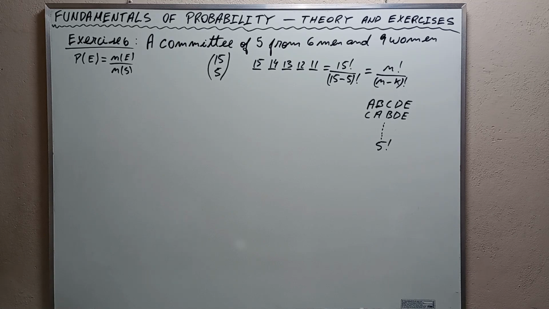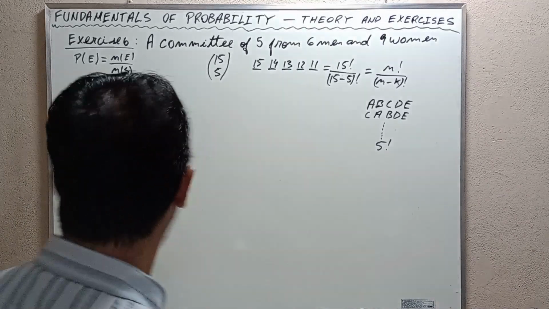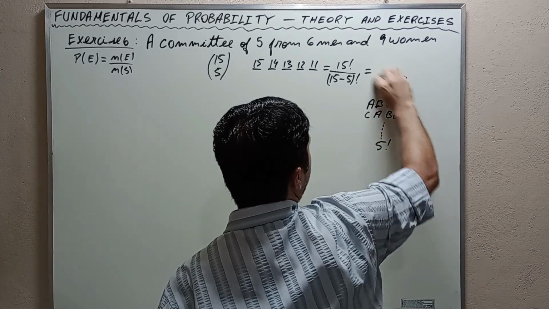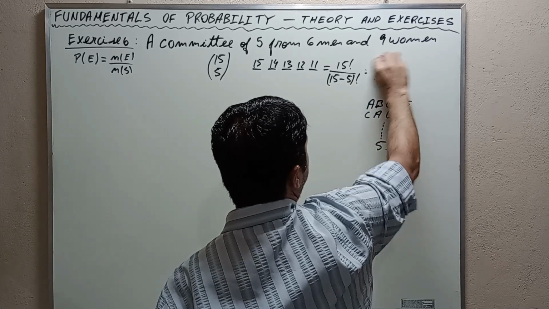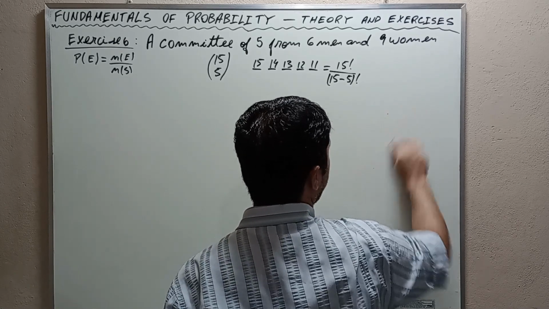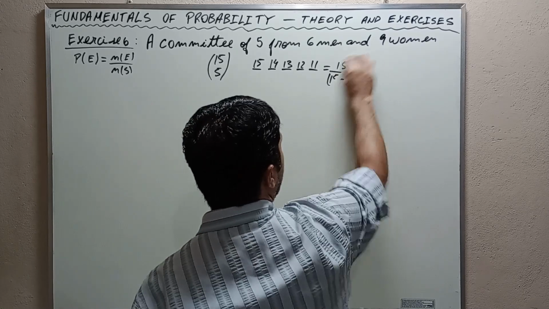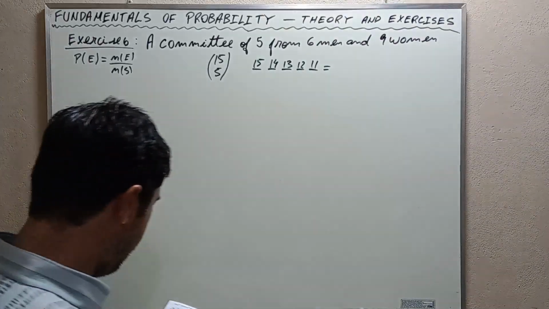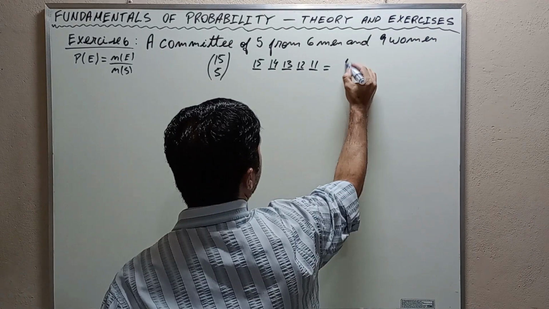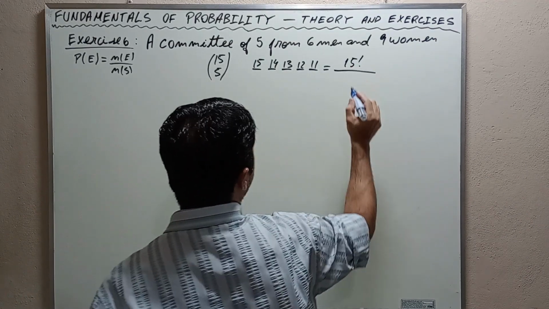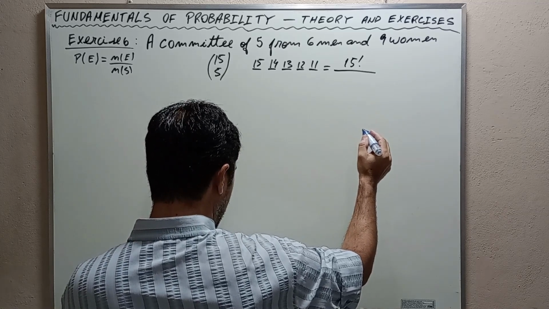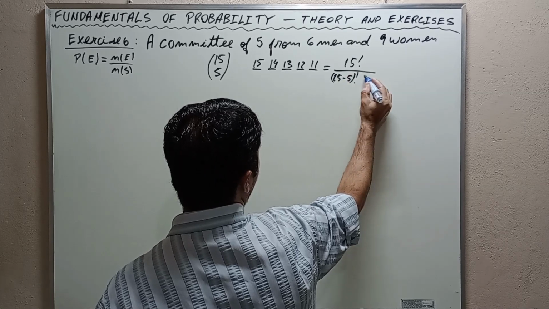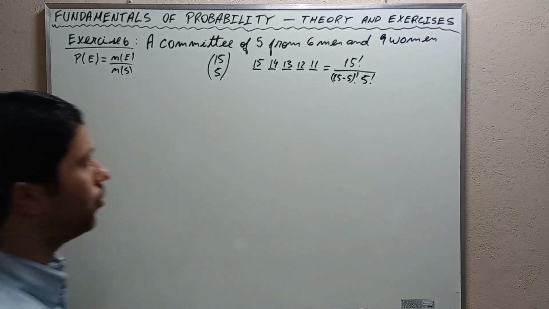And in this way, we have to divide by the factorial of 5. To complete the formula, we have to divide 15 factorial divided by (15 minus 5) factorial, divided by 5 factorial, okay?